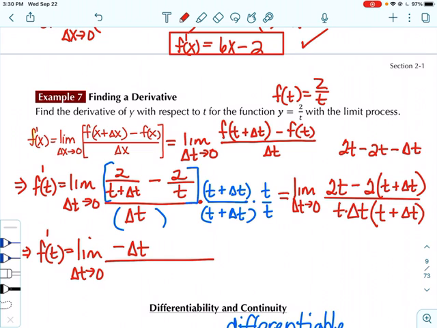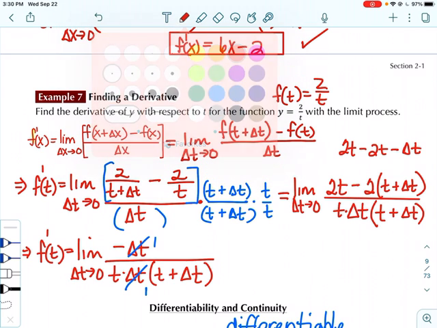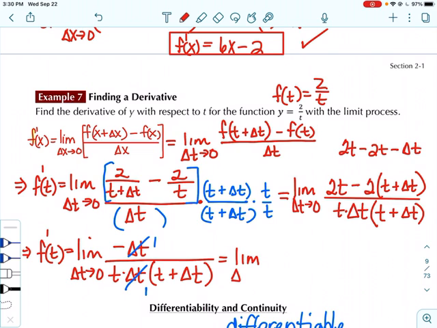And that's over t times delta t times t plus delta t. So I'm going to cancel those. So that's equal to the limit as delta t approaches 0 of -2 over t times the quantity t plus delta t.